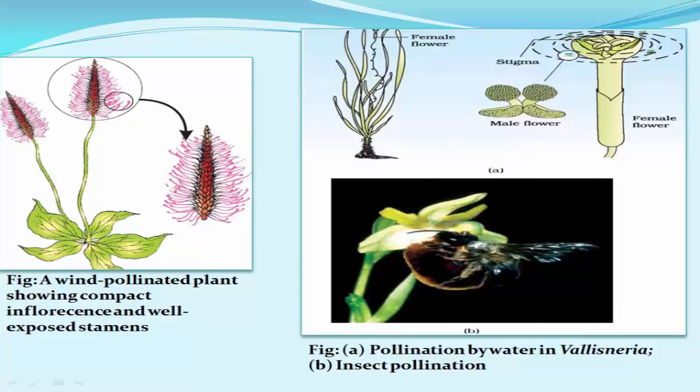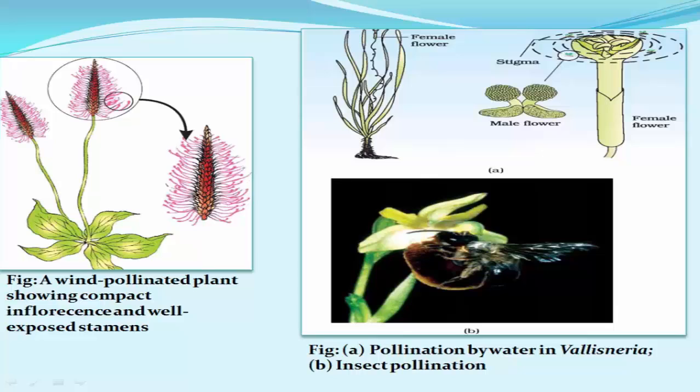If pollen grains are brought by wind, it is called anemophily, and the flowers are anemophilous flowers. They have their own characters. They have exposed stamens so that they can release the pollen grains into the wind. The pollen grains are light in weight so that they can be easily carried by the blowing wind. The pollen grains are non-sticky.